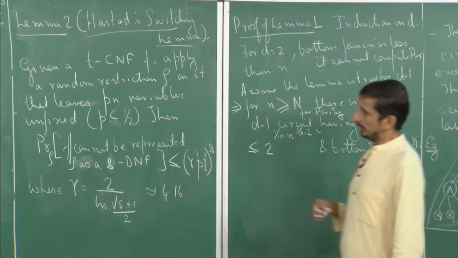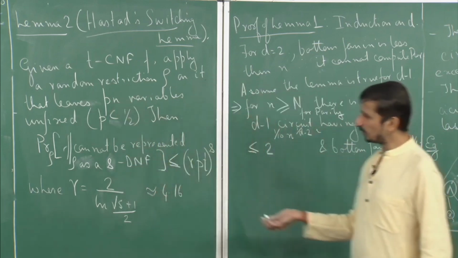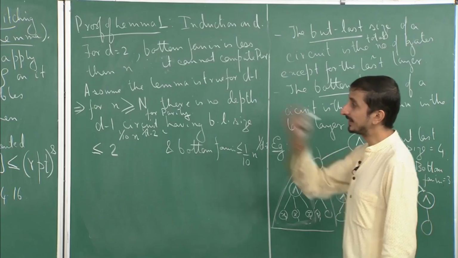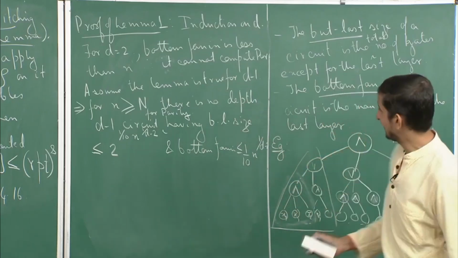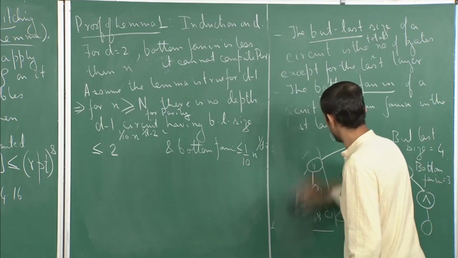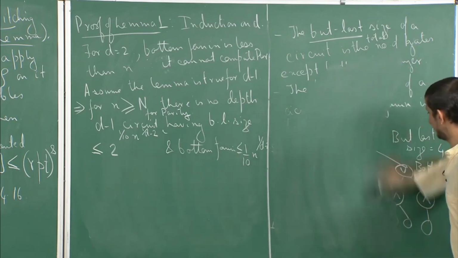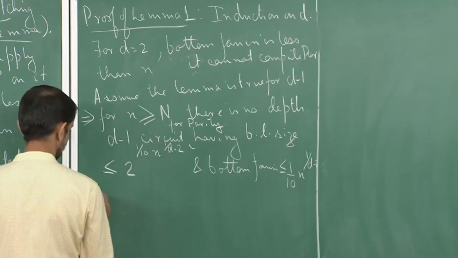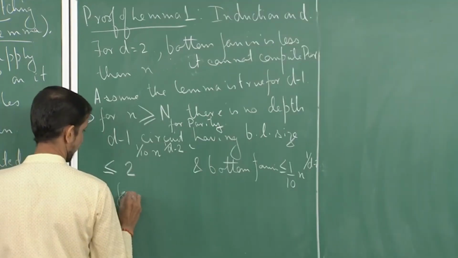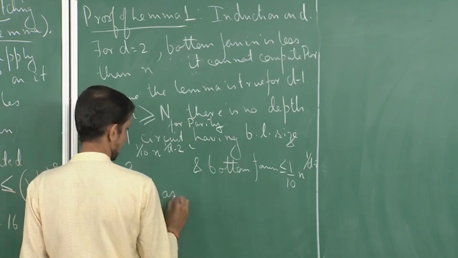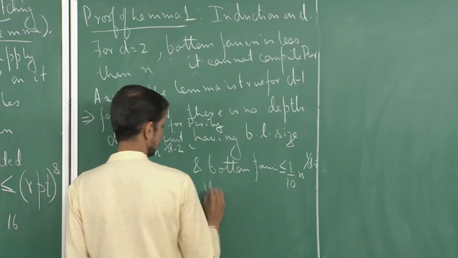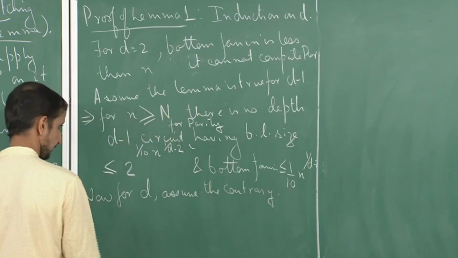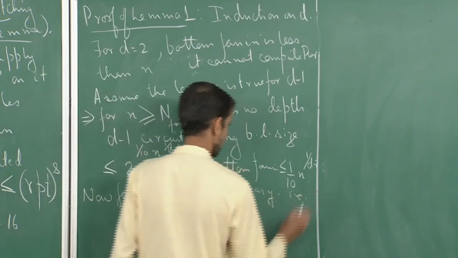Now, let us look at what happens for D. For the sake of contradiction, we will assume the negation of this, that is, assume the contrary.